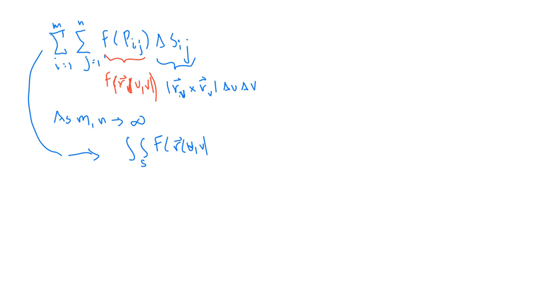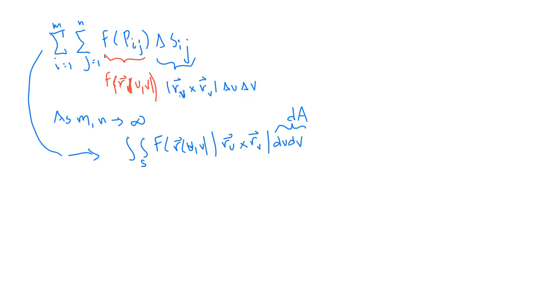And then you have the cross product of r_u with r_v, and then du dv, which they call dA. Does that make sense? This is what they have in formula 2.